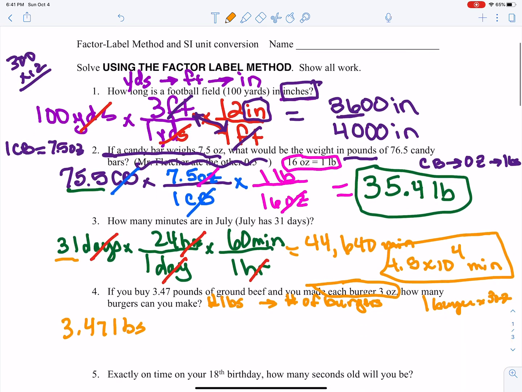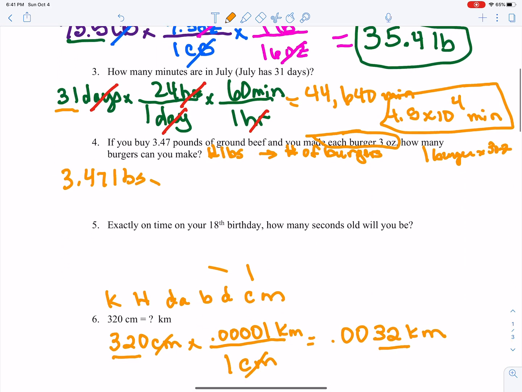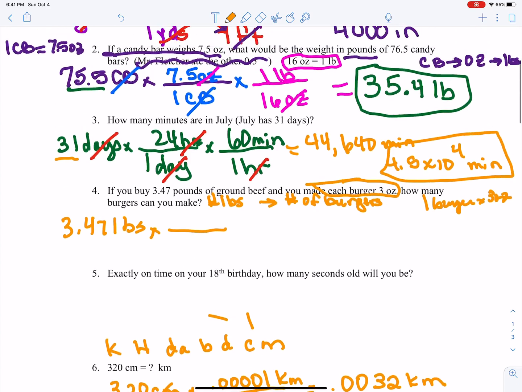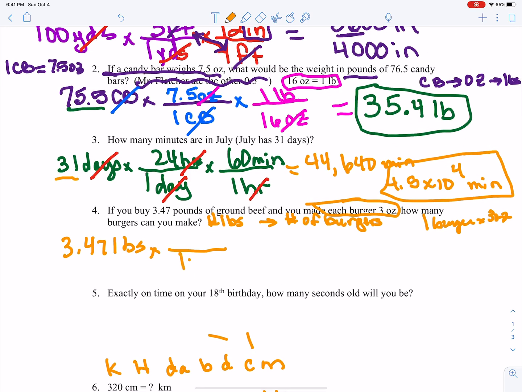If you go back up to problem 2, it tells you there are 16 ounces in 1 pound. Why did I put pounds on the bottom? Because I wanted it to cancel out.